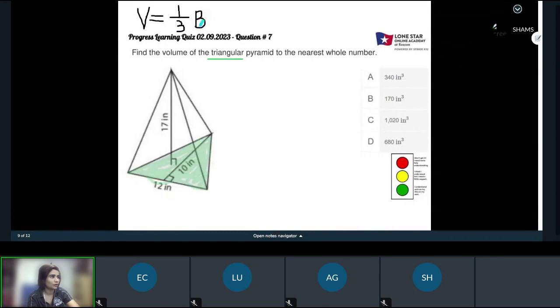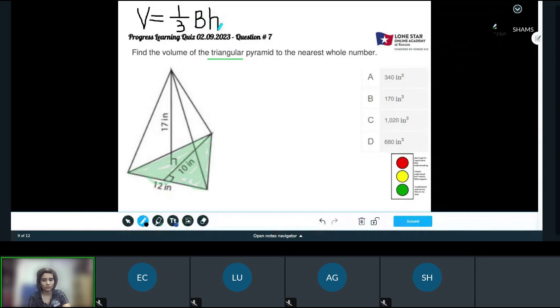This is the formula for volume of a pyramid. On this progress learning quiz, you can use the formulas if you have them in the notebook or anywhere else. And how do I know this is a pyramid? Very simple to tell. It has this pointy top. All these vertices meeting at this one point tells me it is a pyramid.